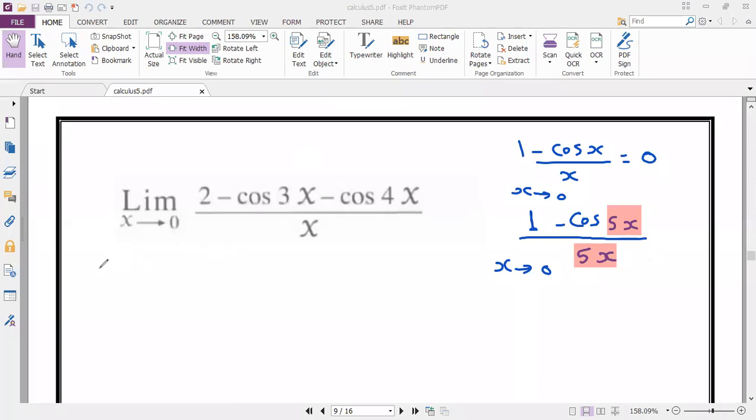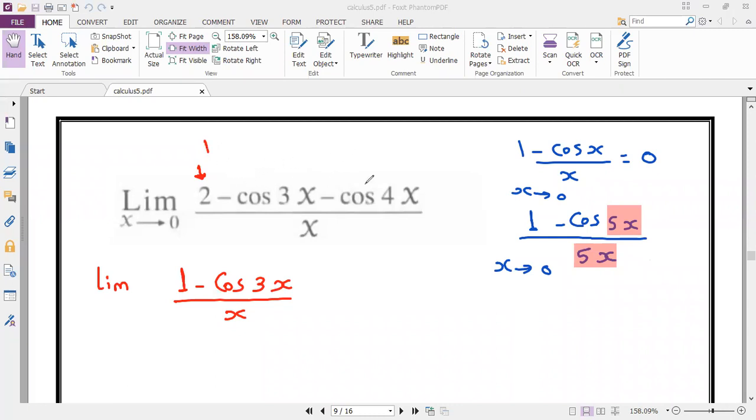So we can write this limit as the limit of 1 minus cosine 3x over x, okay? I am going to write this 2 here as 1 minus cosine 3x and 1 minus cosine 4x.